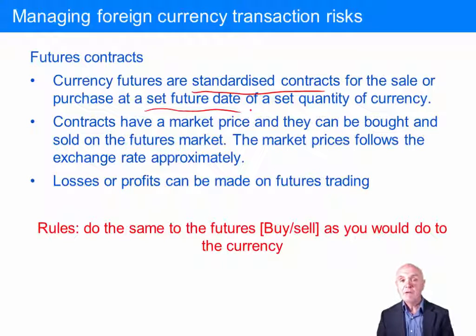And the name of the game will be that if you fear making a loss on the currency transaction itself, you organize the purchase or sale of futures to make a profit on your futures. So the loss you've made on the currency contracts is offset by the profit you've made on the futures contracts.